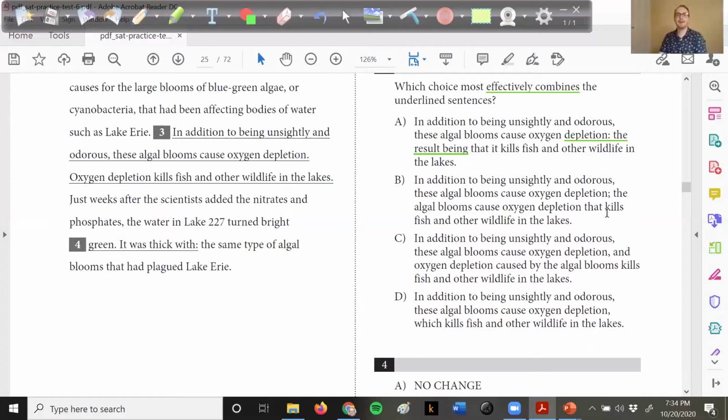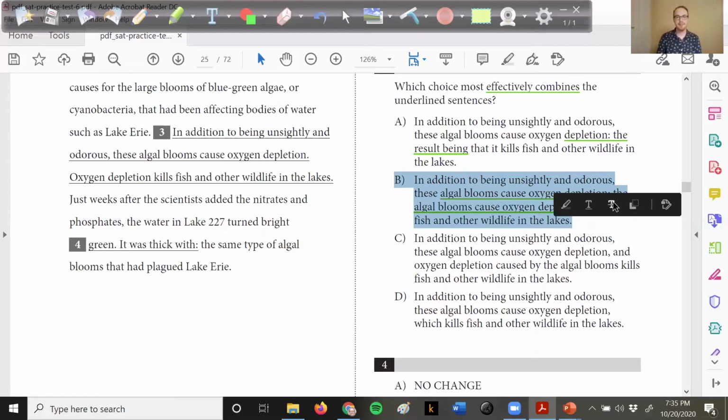No, good writing doesn't say what it has to say more times than it has to. You say it just as much as you need to, and then you get out of there. And what I see in option B is the phrase, algal blooms cause oxygen depletion, repeated twice. And there's no need for that. So I don't like B.